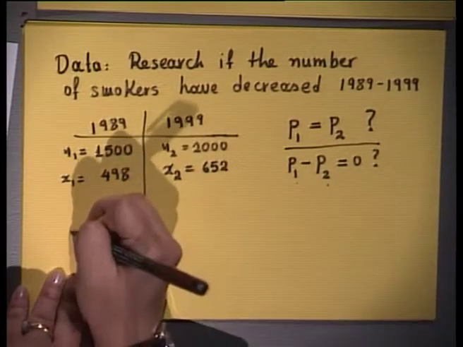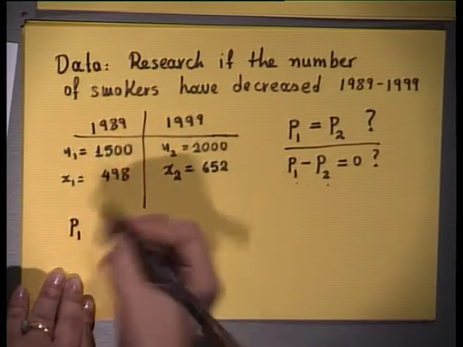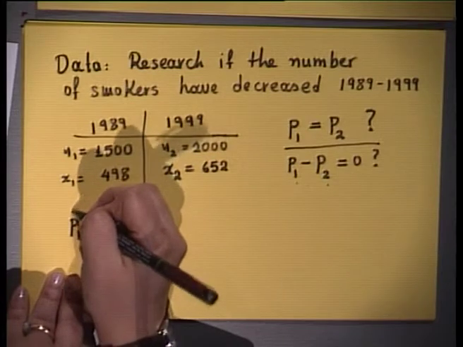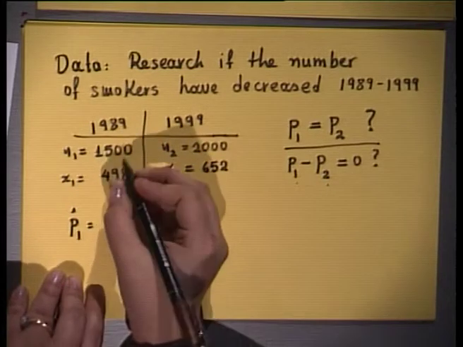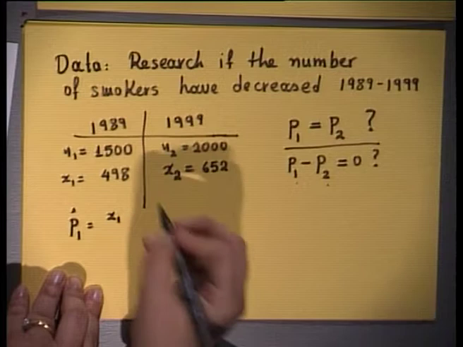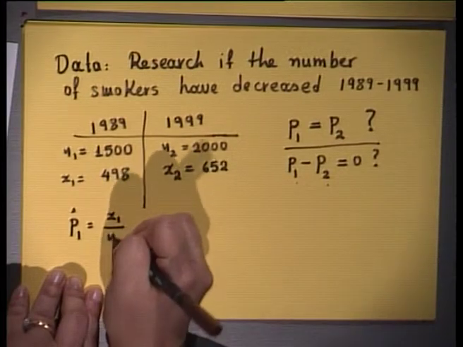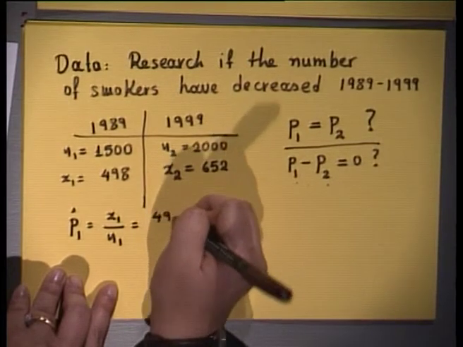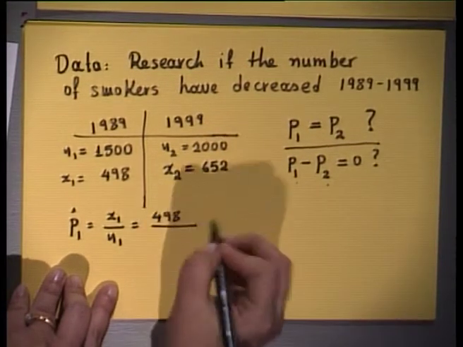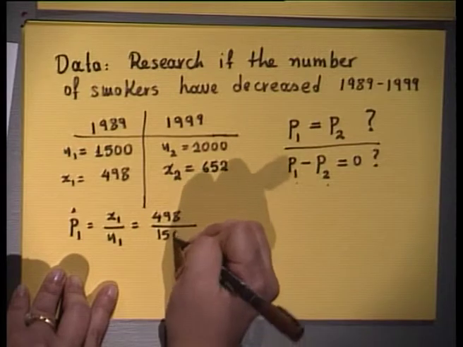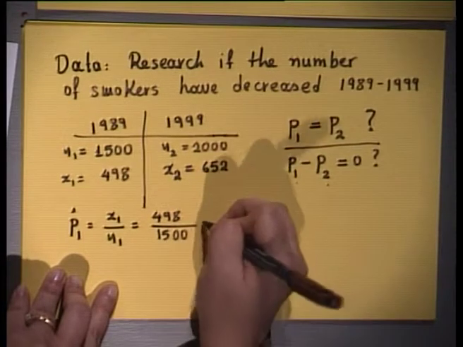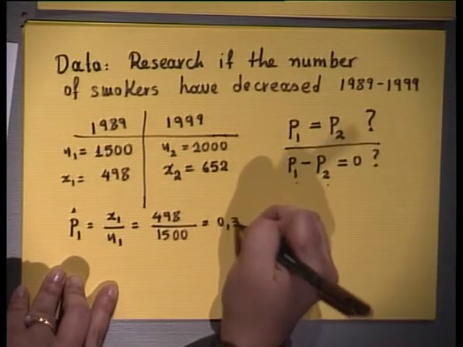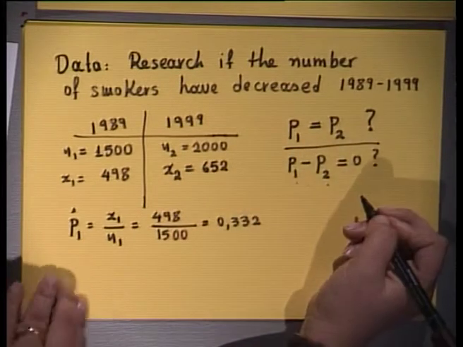So here, first of all, as the two proportions are not known, we need to estimate them using point estimators. Now, a point estimator for the first proportion will be given by x1 over n1, so it's 498 divided by 1,500, which is equal to 0.332.